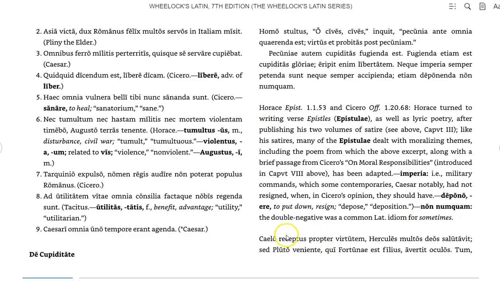Now it gets a little bit tricky in parts, but Pluto coming, so we have this semicolon here. So you almost have to say, when, because here we have this idea of seeing, but when he saw Pluto was coming. But with Pluto coming, that actually would be the better translation, because notice we have a third declension ablative ending.